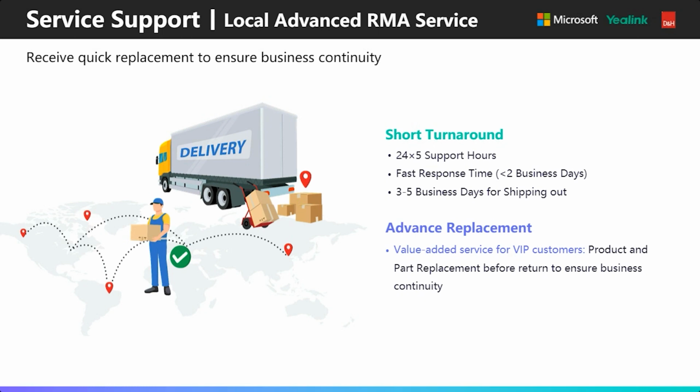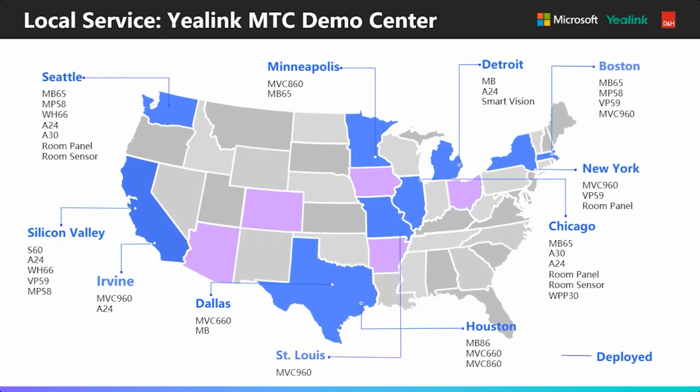Yeah. So we have equipment in place really around the country. Now, these are, in some cases, a Yealink facility. In other cases, it may be in a partner facility, both aligned in the AV industry and in some cases not. But there is a great deal of equipment already in place.